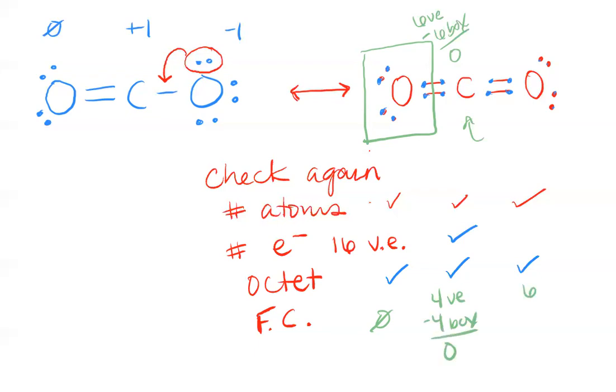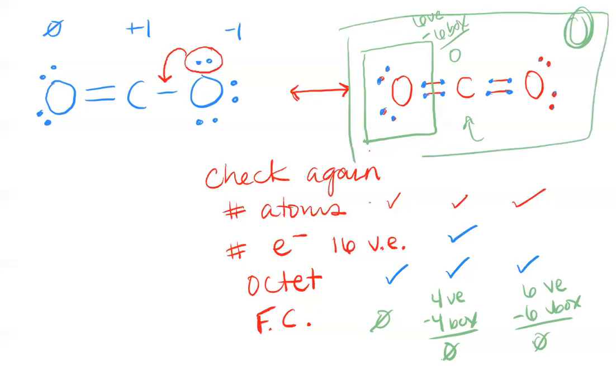The last one, 6 valence minus 6 box gives me 0. Okay, so all my formal charges add up to 0, which is the charge on the molecule. The molecule has a 0 charge. So this right here is my best structure, okay?